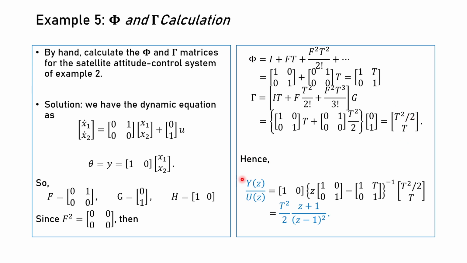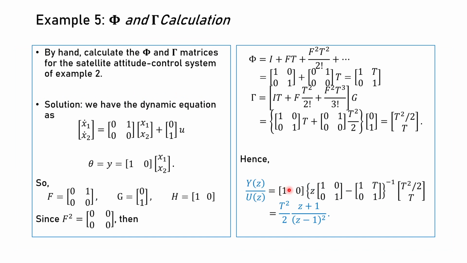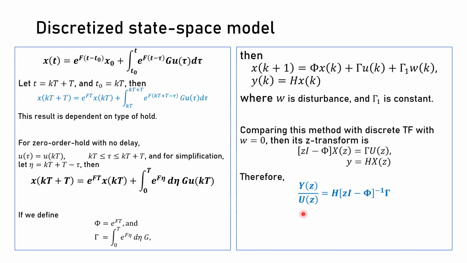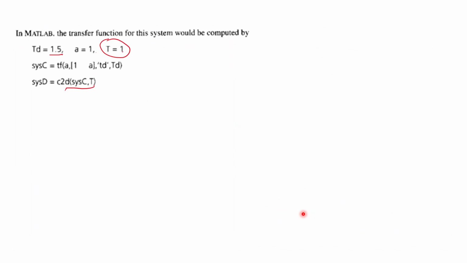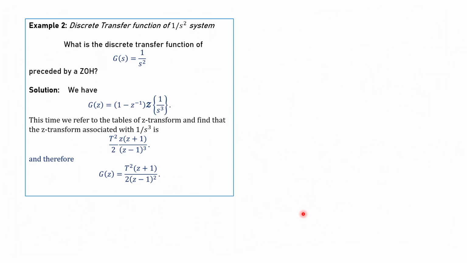Then finally you have the transfer function using the formulation here, H times this term inverse and times this term. Finally, you get this discrete transfer function. If you compare this to the example before, it is just the same.